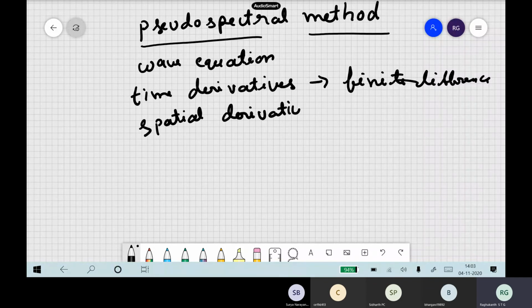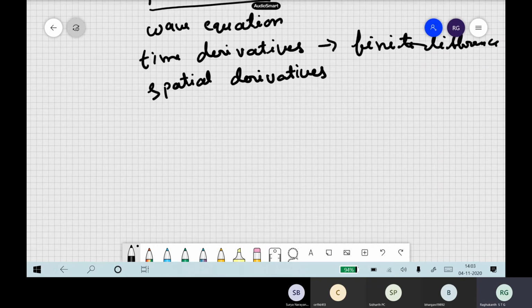Last class I also told you the relationship between the pseudo-spectral method and FEM. We said what the basic difference is between FEM, the pseudo-spectral method and other methods. Whatever your domain is, you divide it into a number of grid points.